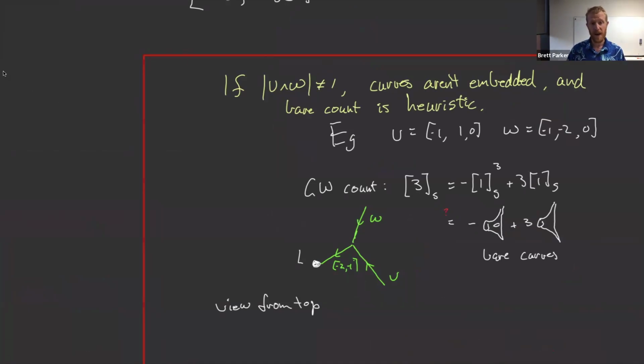I'm guessing what the Baire count should be from the Gromov-Witten count. So for example, where it's 3, what I expect for anti-holomorphic, as in the opposite of holomorphic.